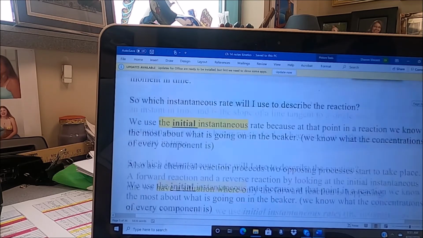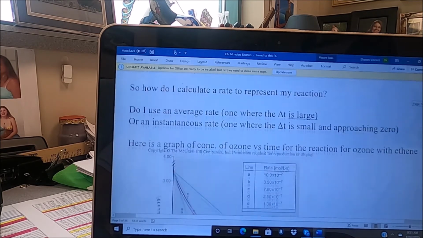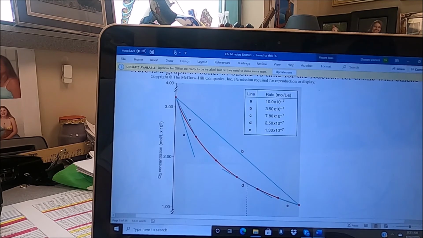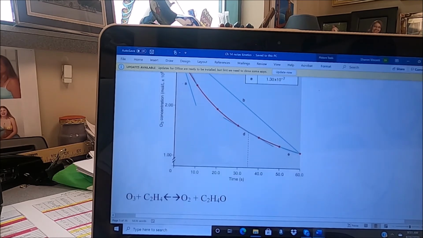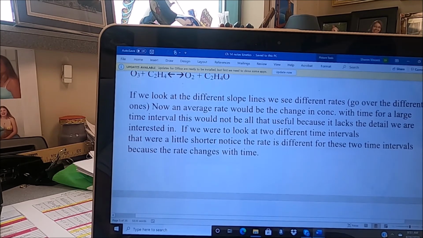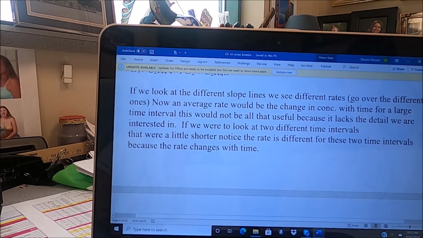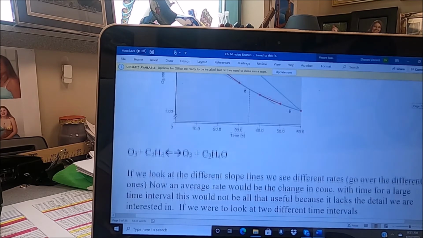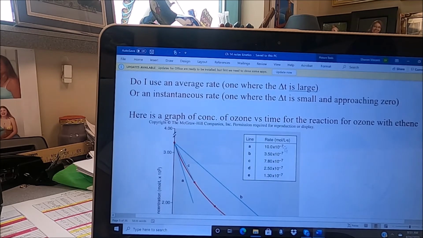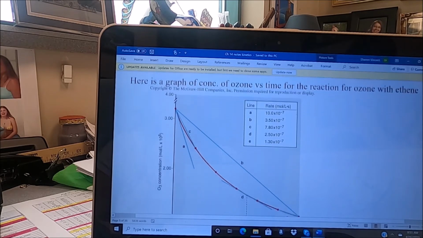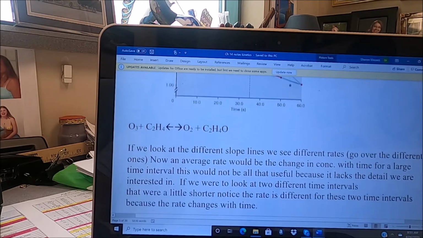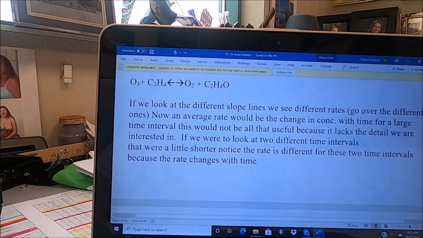All right. Now, I won't move it so fast, I promise. Sorry. You can see up there on that graph, okay, one more time, that all of these rates are different, and they're all for the same reaction. So we want to know which rate of reaction is going to be most important for us to use.